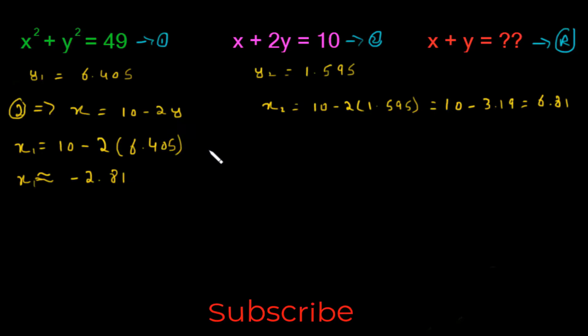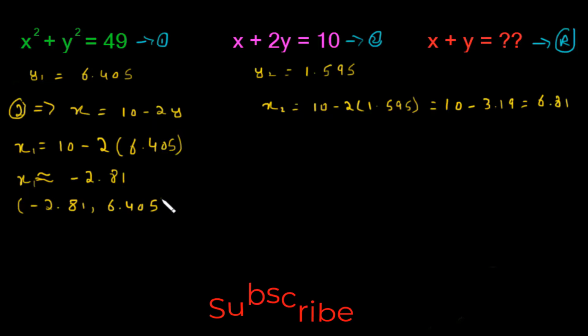So we got two sets of coordinates. Here x sub 1 has a value of minus 2.81, while y sub 1 has a value of 6.405. But keep in mind that these are approximate values because of the square root we encountered earlier in this question. In here, x sub 2 has a value of 6.81, while y sub 2 has a value of 1.595.